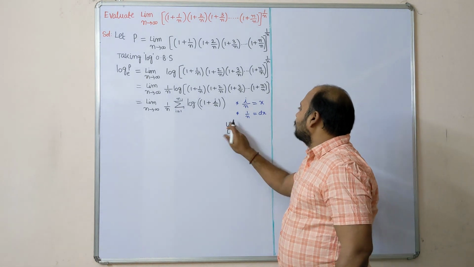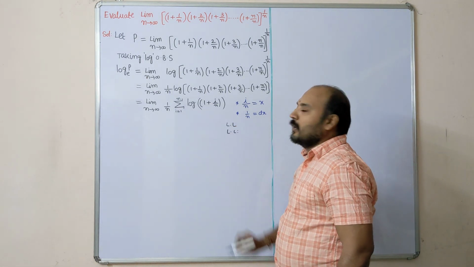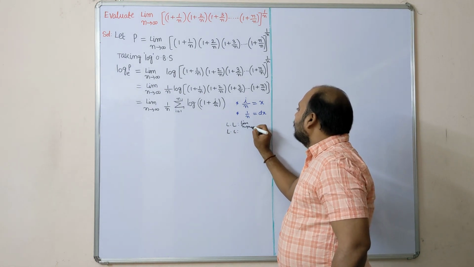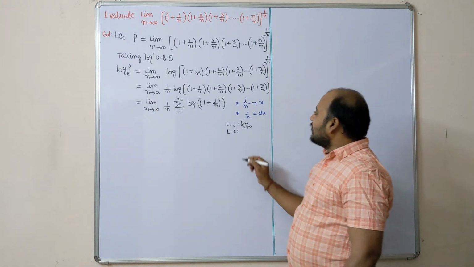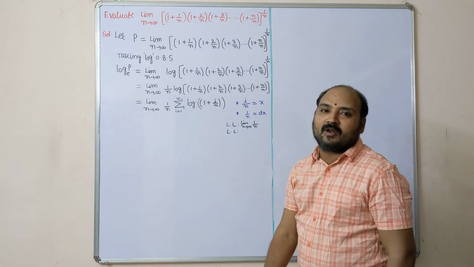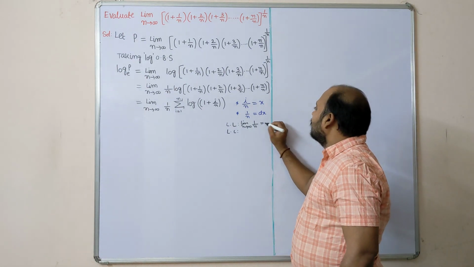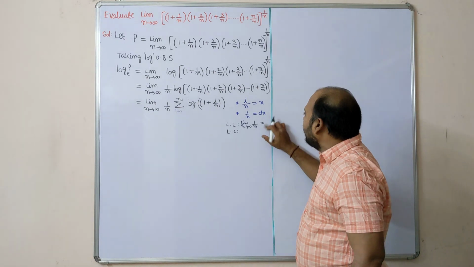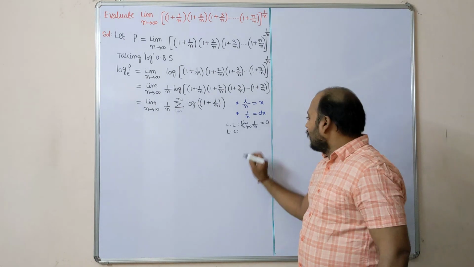First I will calculate the lower limit. Limit n tends to infinity, initial value of i, here 1, by total number of divisions, n. As n tends to infinity, 1 by n is always 0.